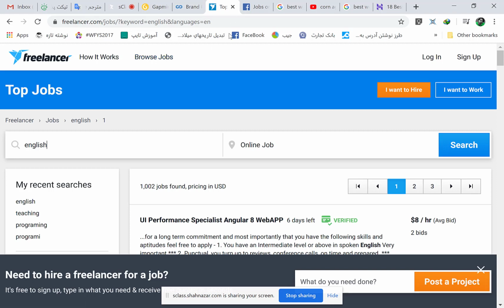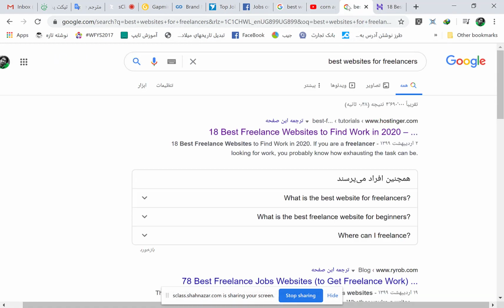And also it's not the only website for this kind of activities. For example, you can search best websites for freelancer. Here is 18 best freelance websites to find work in 2020.